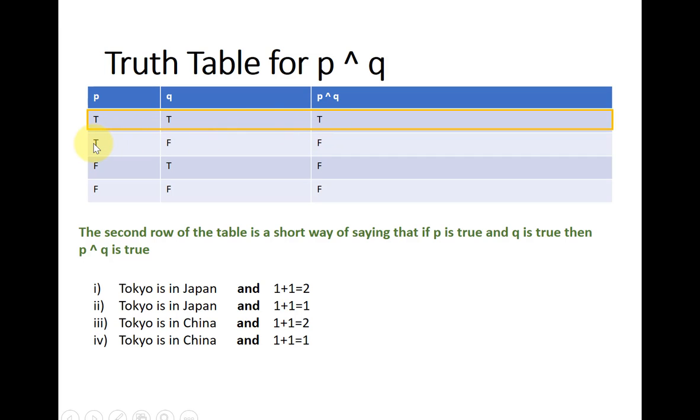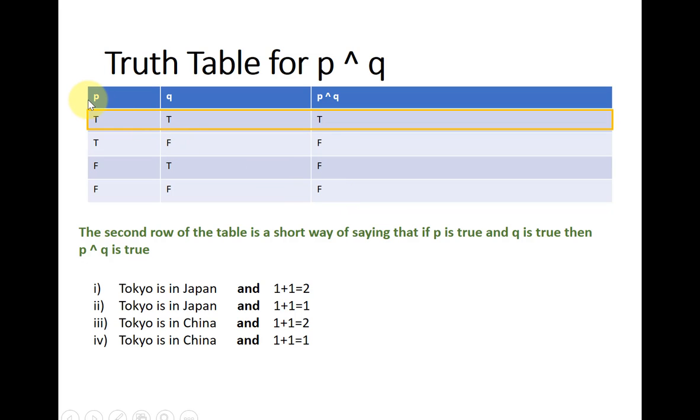However, in the case where the first part is true but the second part is false, then the compound statement is not true. We said the second one wasn't true. And in the case where the first one is false and the second one is true, then this is false. And in the case when they're both false, then again, of course this is false.